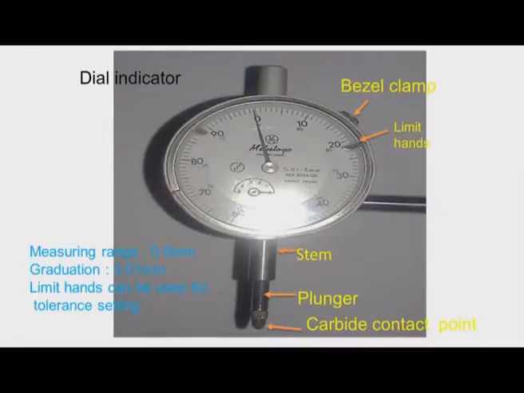And this is the stem and plunger, and this is a carbide contact point. Most of the parts are made out of high strength stainless steel, so that it will be rigid and sturdy.